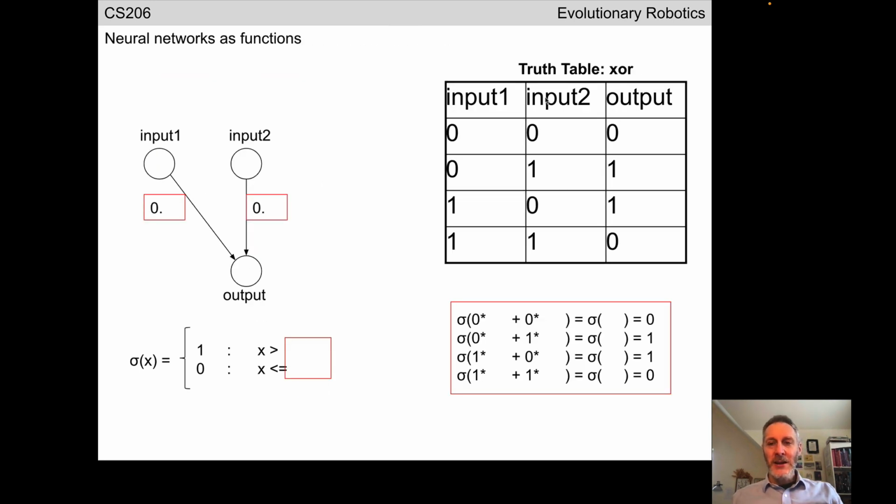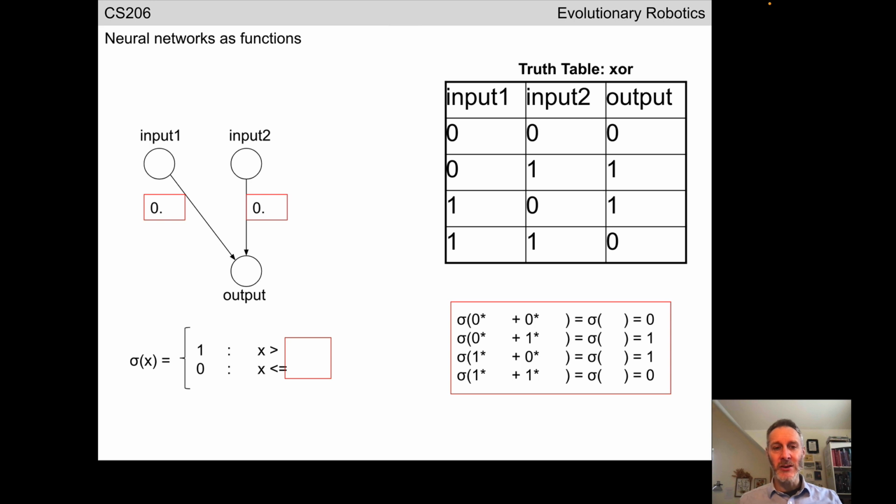We ended by talking about exclusive OR, in which, in the 4 cases, we want our output bit to be 1 only when exactly one of the inputs is 1 and the other input is 0. So this is a non-linear function.